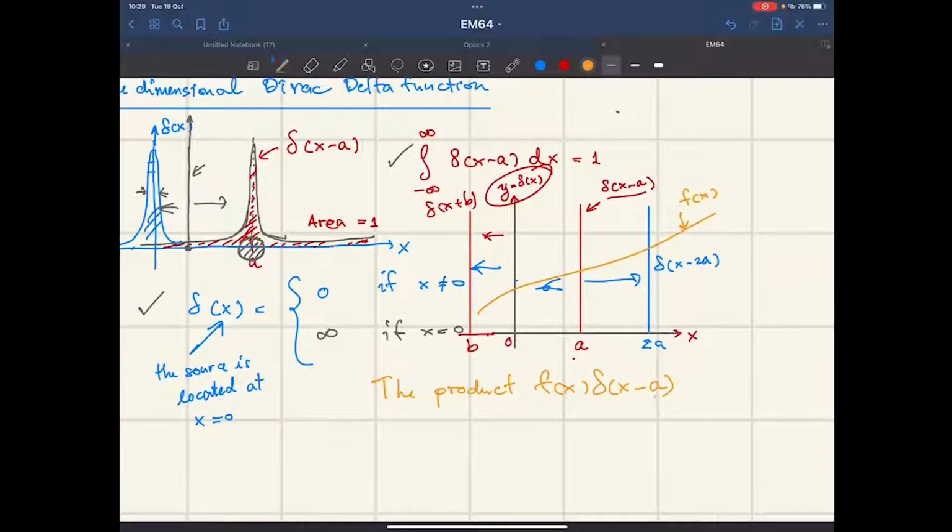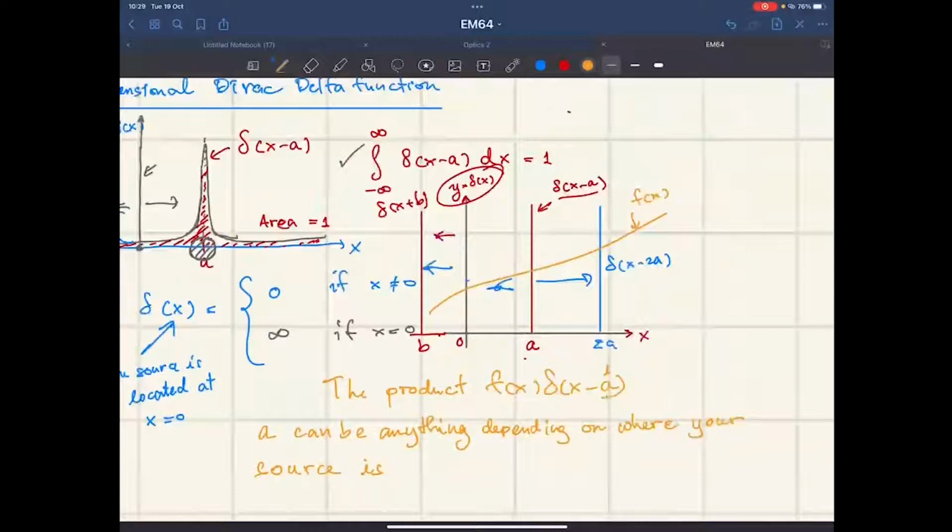A can be 0, can be anything, depending on where your source is. So when I say it's a, it means that your source is at x equal to a.